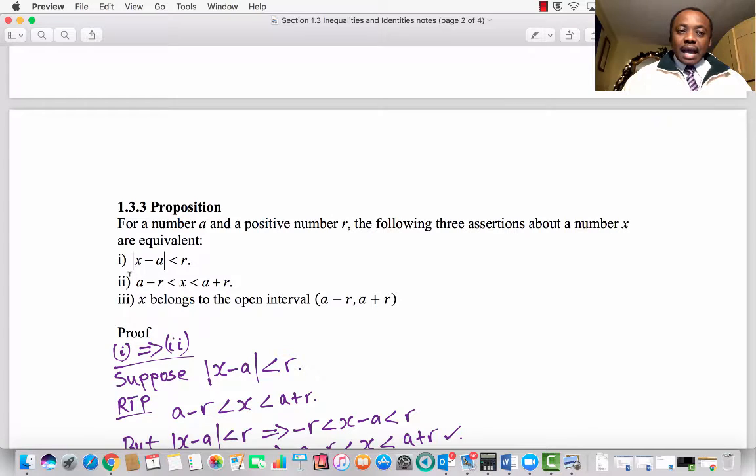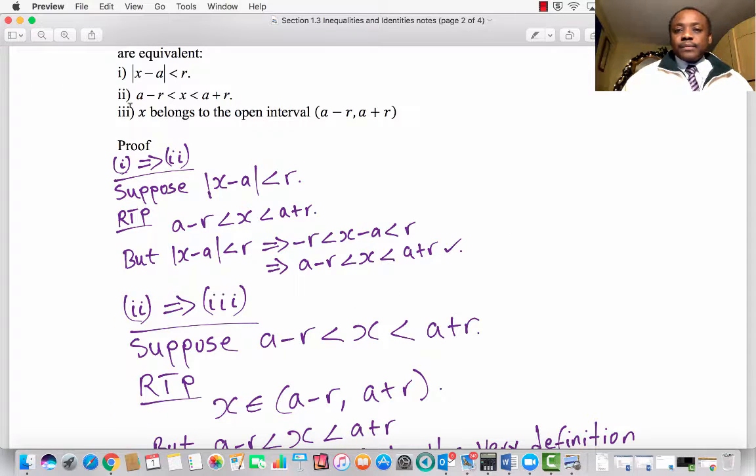The absolute value of X minus A is less than R; A minus R less than X less than A plus R; and X is a member of the open interval A minus R, A plus R. Proof. The proof is actually trivial, but I'm still going to go ahead and give it. We're going to prove that 1 implies 2, 2 implies 3, and 3 implies 1. That is how you prove things involving equivalence of several statements.